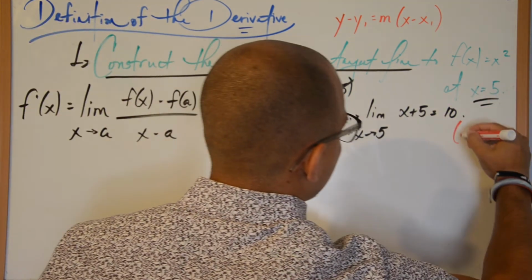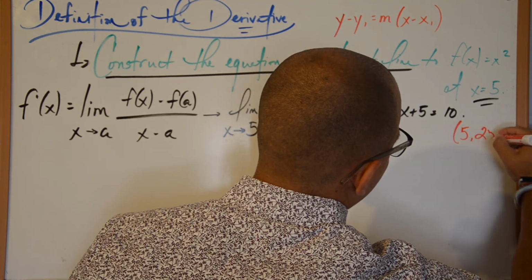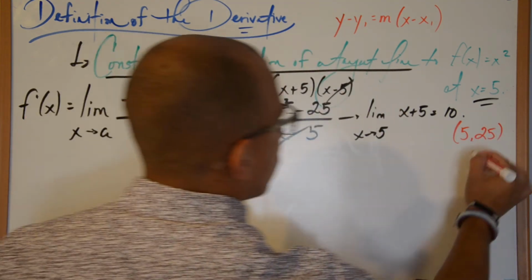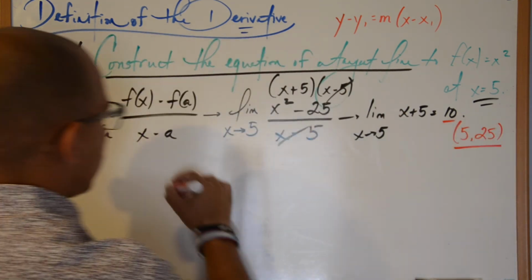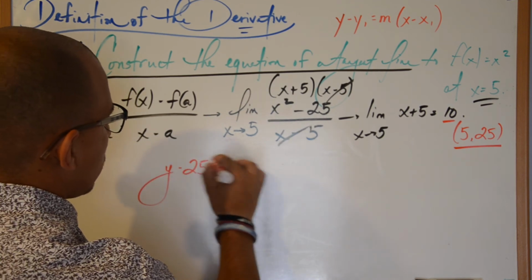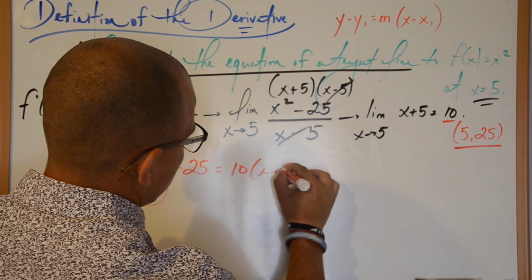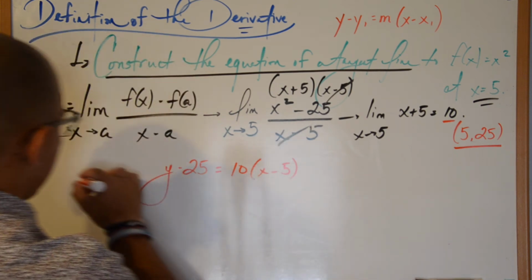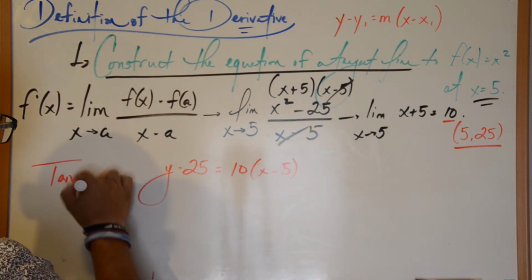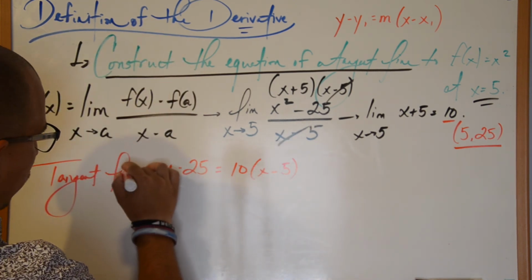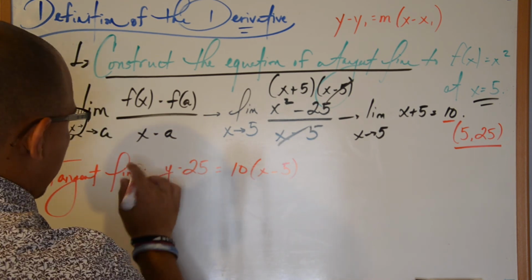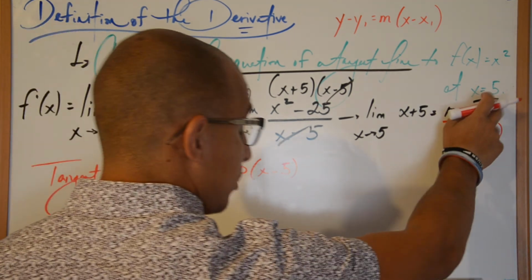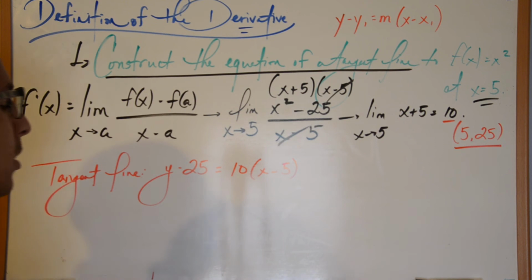We know that when x is 5, the output is 25. So we have a point, we have a slope, and thus the equation of a tangent line for y equals x squared at an input of x equals 5 is such.